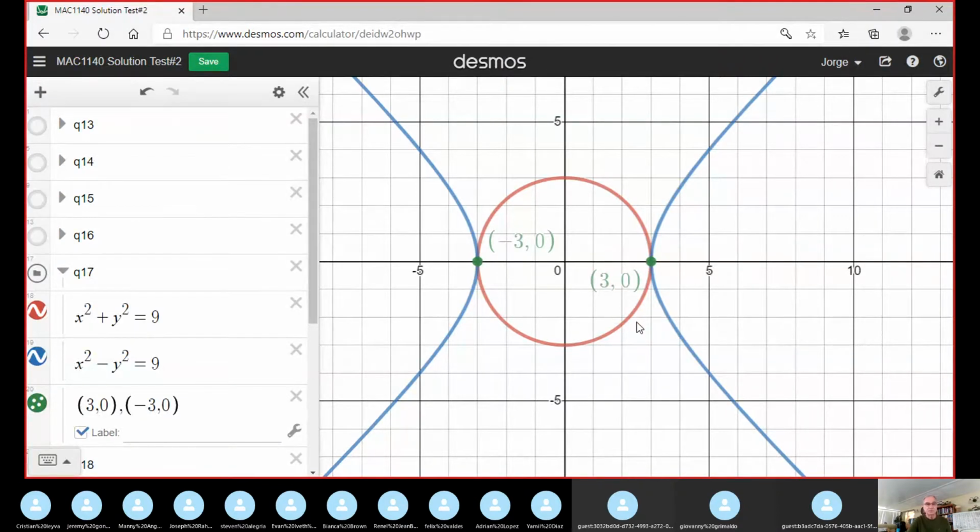The red one is a circle. Do you see this? And the blue part is the hyperbola. The only intersecting points between those curves are the green points, negative 3,0 and positive 3,0. End of the story.